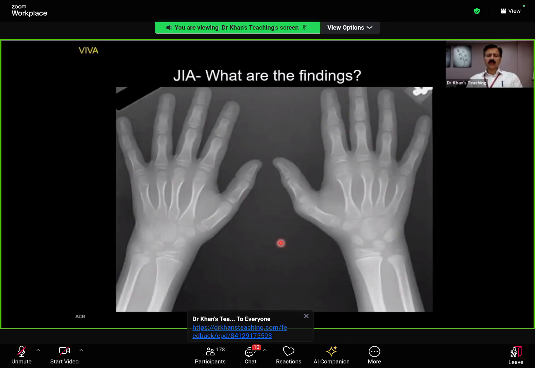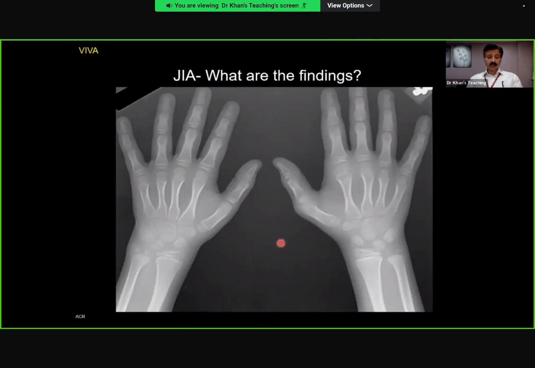There is no reaction. So I understand that the radiographic factors are not there. Anything else considering JIA? Can you compare right and left? Look at the epiphysis, compare it.